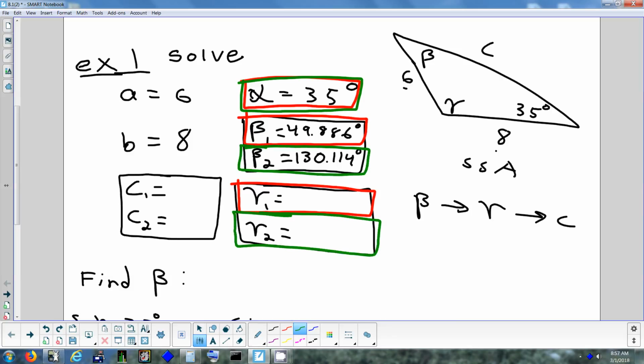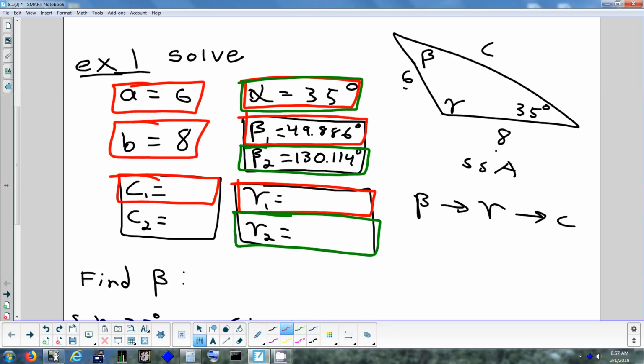Okay? As far as the sides, it's kind of the same idea. Alpha is in the red, B is in the red, C1 is in the red. There are the 6 things in the red triangle. For green, A, B, C2. Those are the 3 sides in the green triangle. So we're really solving 2 problems at the same time.